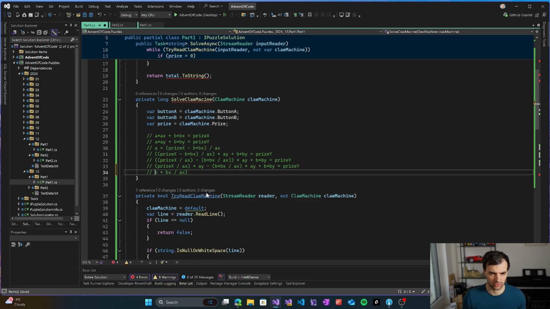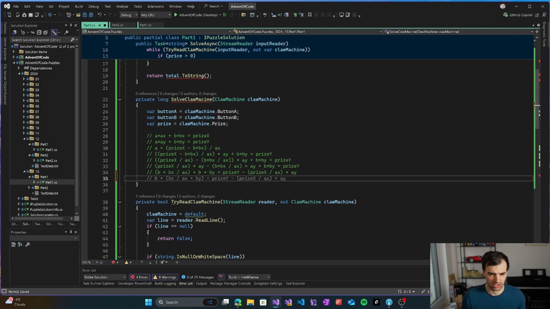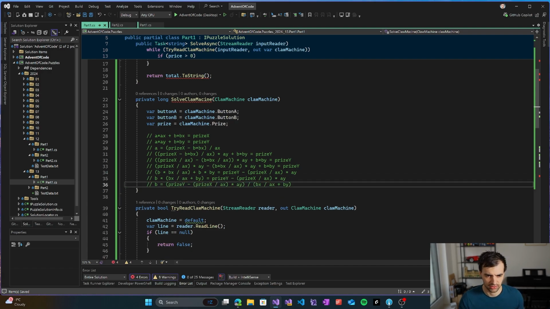So that's the first one, plus B times BY equals price Y minus this. And now we need to, exactly like this, take the B outside. So this is the multiplication, and now we divide it. So this is the result, essentially. A little bit more complicated than before.